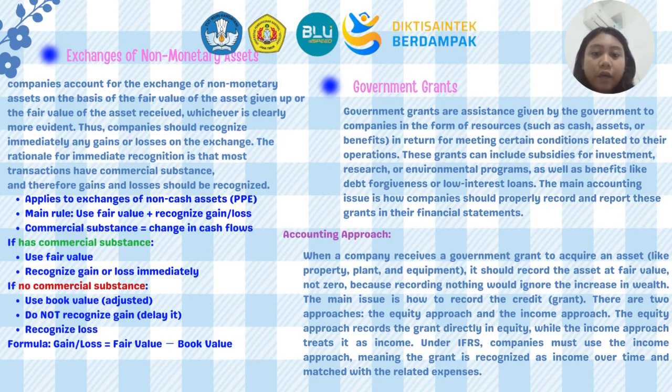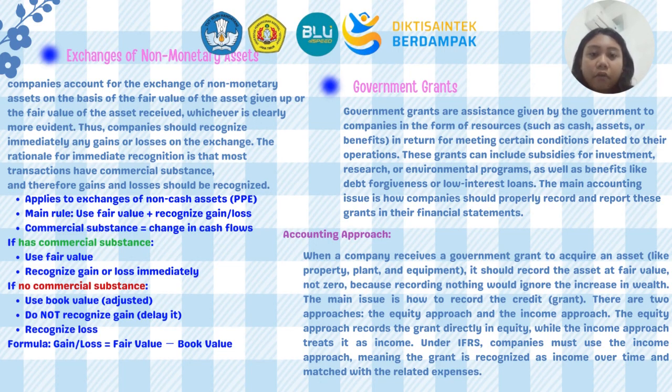So if it has commercial substance, we use fair value and recognize gain or loss immediately. If there is no commercial substance, we use adjusted book value and do not recognize the gain; we delay it, and recognize any loss. The formula is gain or loss equals fair value minus book value.